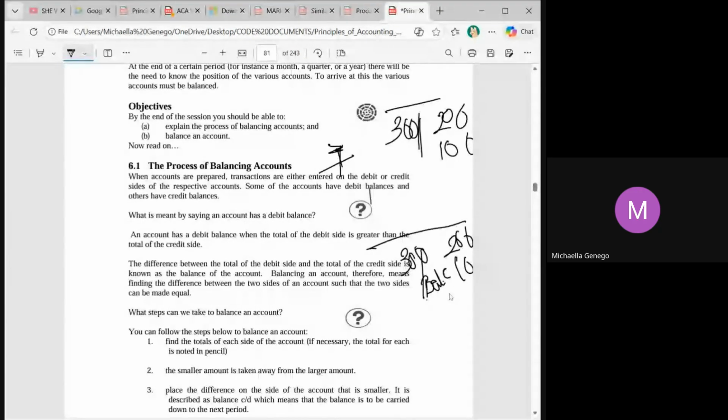Balance CD, balance carried down. And then now we'll come and balance off the account and we'll get our 300. So the balance carried down is just the balance we are ending the year with. We'll come and write the same thing here, balance brought forward, which means the balance we are starting the year with, and then we would have 100.